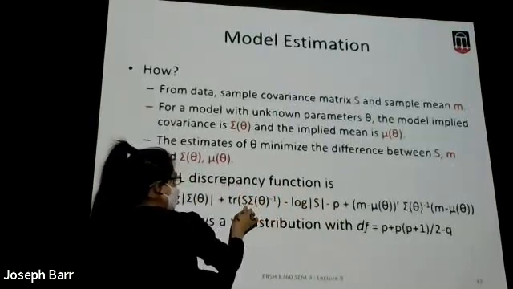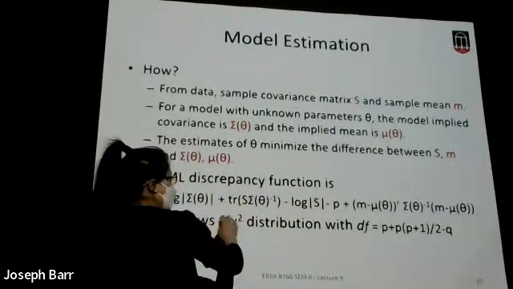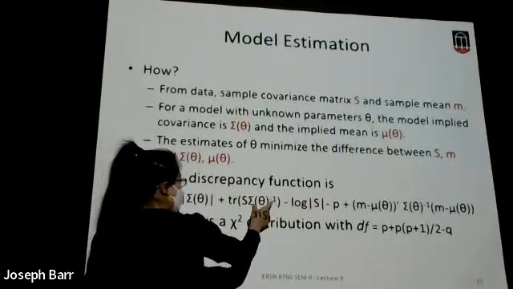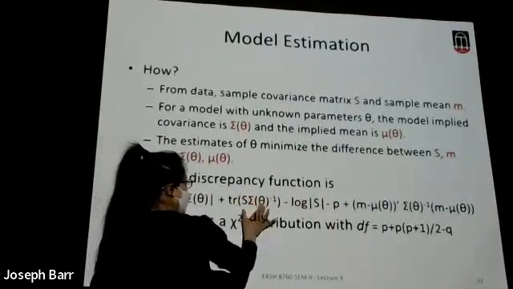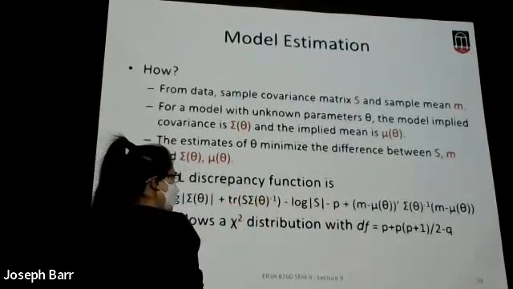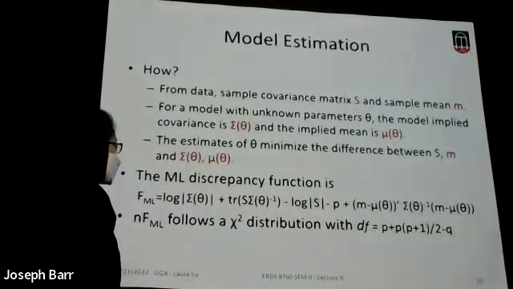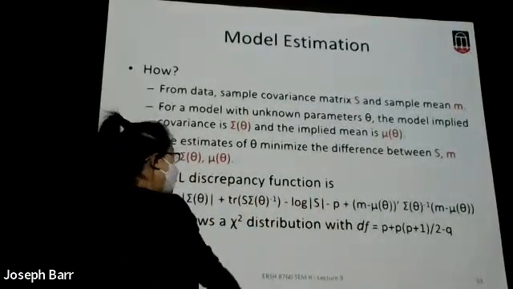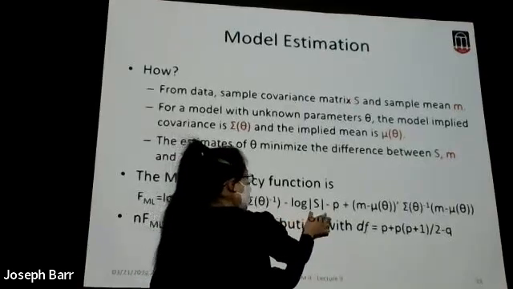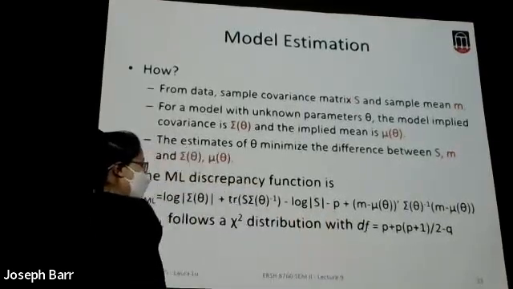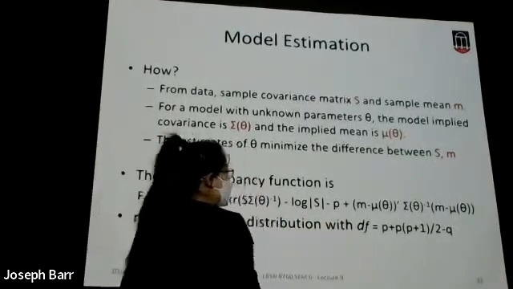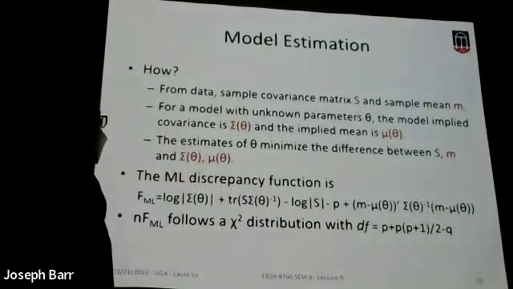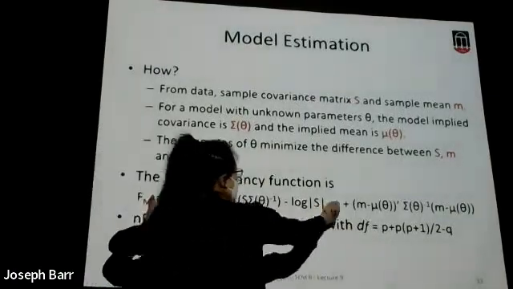The first is the sample covariance matrix, and the second is the inverse of the model-based covariance matrix. The product of these two, we take the trace. Trace is the sum of the diagonal elements. Then minus log of the determinant of the sample covariance matrix, and also minus p, where p is the dimension of the model, the number of variables in this model. This is the covariance part.